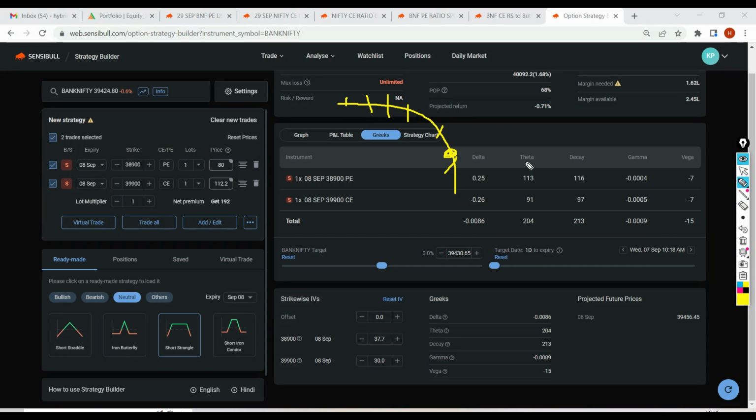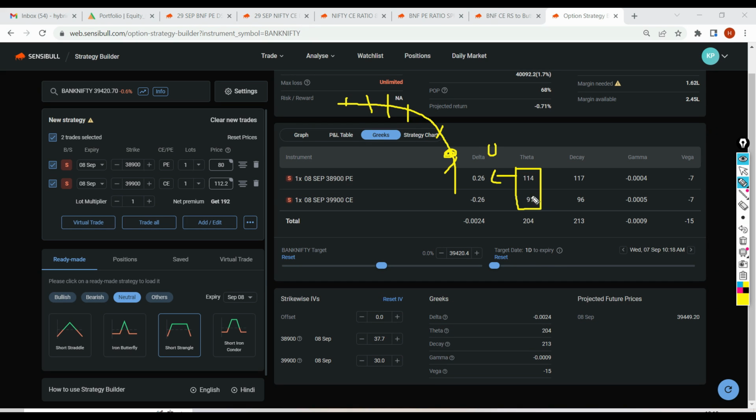So the next morning, which theta will have more decay? This will decay and go to 0, because if it is OTM it has to become 0, and this has more theta, so it will have more decay.